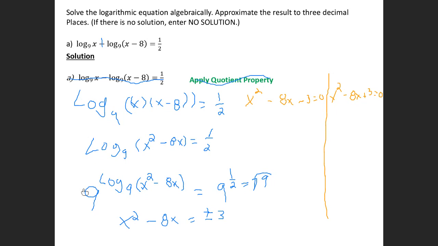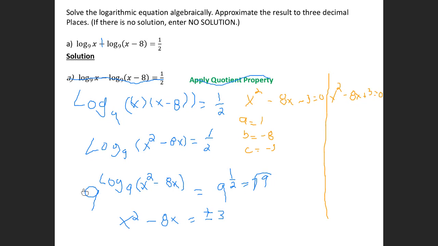Here my a value is 1, my b value is -8, my c value is -3 on this particular one, and on the other everything would be the same except for the c, which would now be +3.